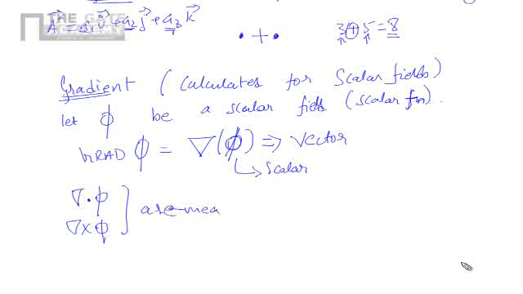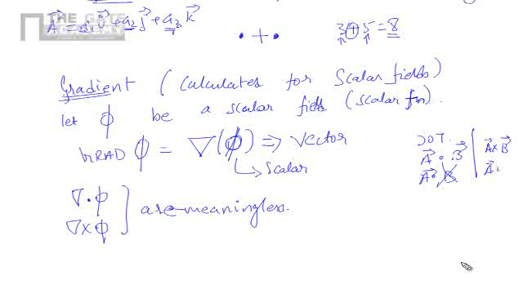Please remember these things, because whenever you take a dot product, you are allowed to take a vector dot b vector only. You cannot take a vector dot b scalar. This is wrong. Similarly, for the cross product also you have only a cross b vectors. You cannot do a cross b where b is a scalar. This is meaningless.